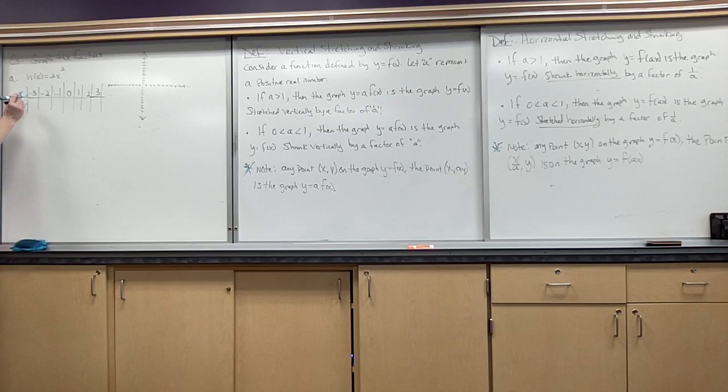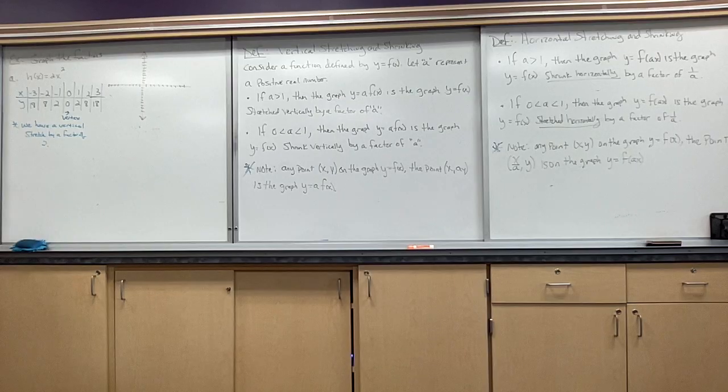So plugging these values in, you get 18, 8, 2, 0, and then it just repeats on the other side. That's just the symmetric quality of it. So I guess we'll just say here, that's our vertex. So underneath it, let's just go ahead and say that we have a vertical stretch by a factor of 2.